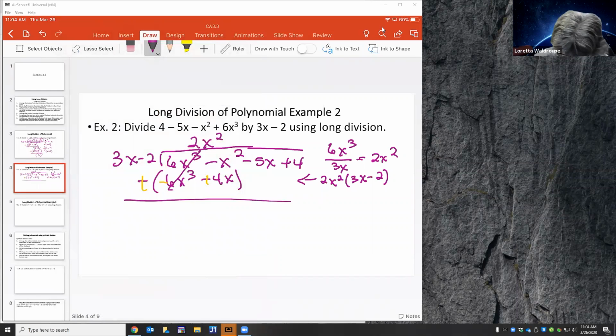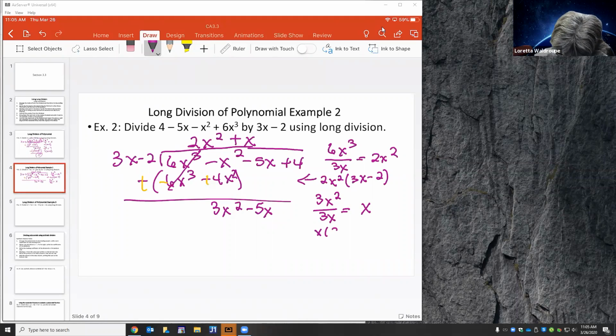So now I have 3x squared, I forgot my squared on that, minus 5x. Okay? So now what is 3x squared divided by 3x? That's x.